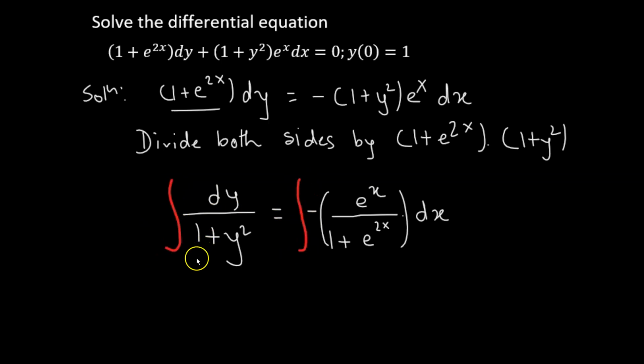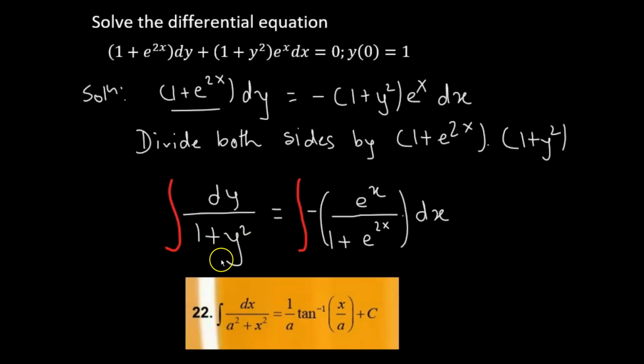We're going to use the table of integrals to perform the first integration. Looking at the table of integrals, this PDF will be provided in the description link. We have the integral of dx over a squared plus x squared given by 1 over a times the arctangent of x over a plus c. If we compare with the integral on the left hand side, the value of a is equal to 1.